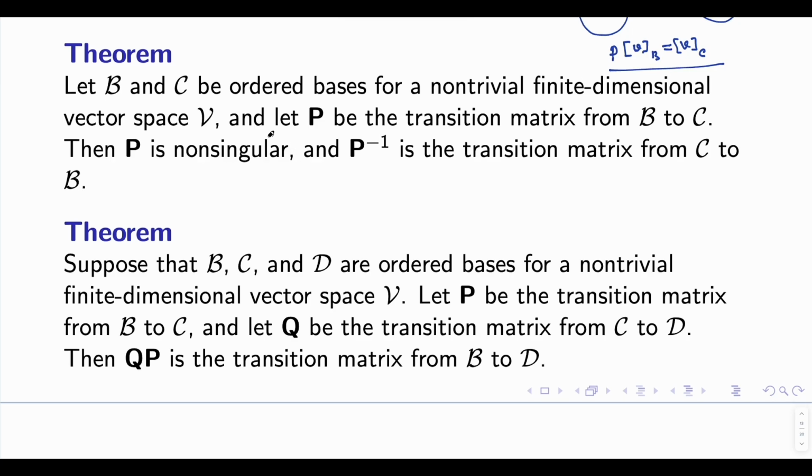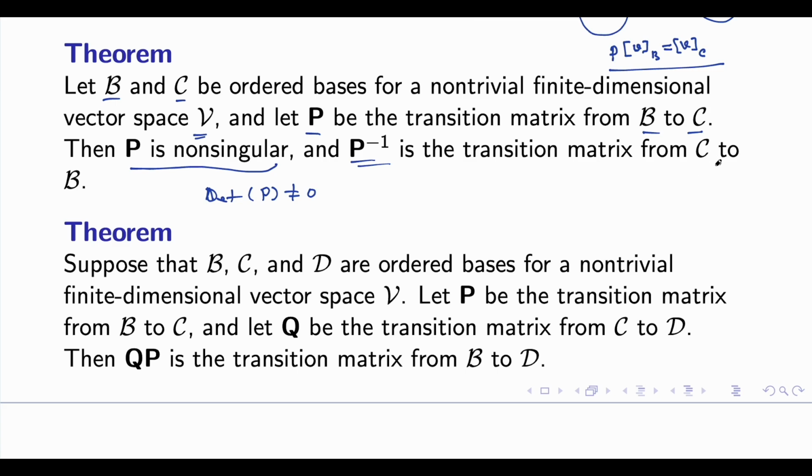Now another theorem: if B and C are ordered bases of a non-trivial n-dimensional, or finite-dimensional, vector space V, and P is the transition matrix from B to C, then P is always non-singular. Non-singular means the determinant of P is non-zero, so the inverse always exists.